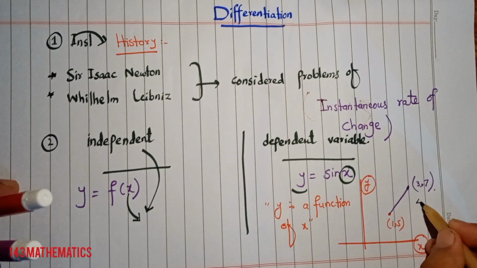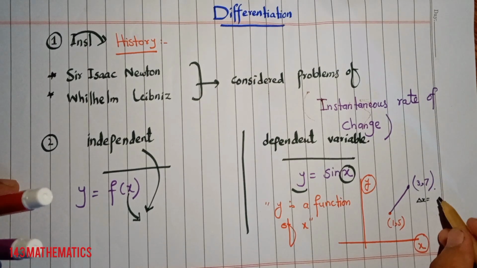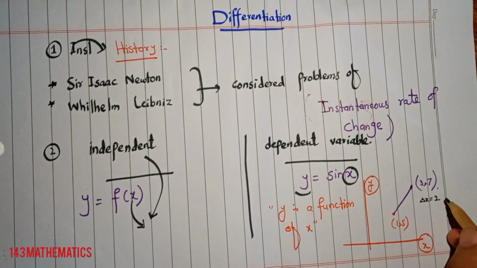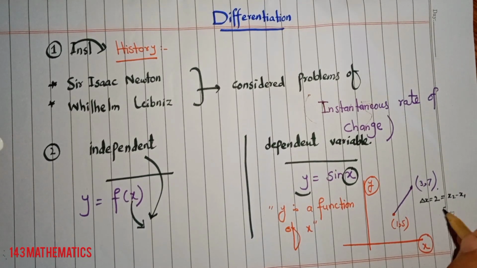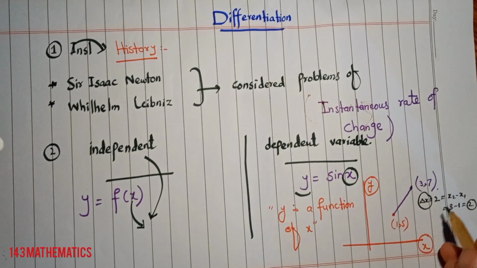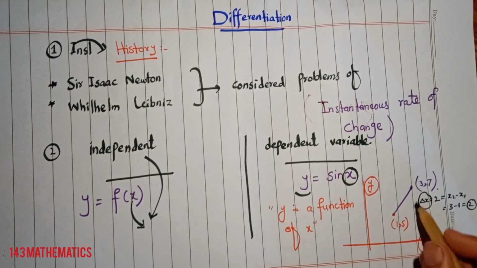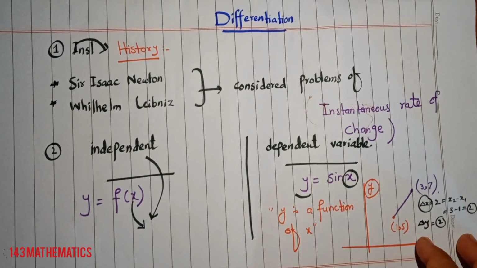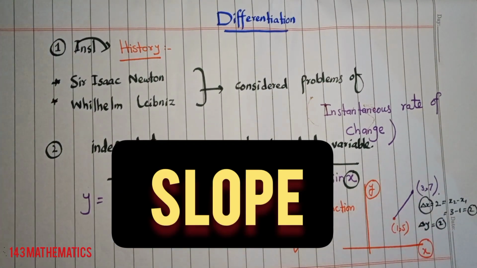We write delta x is equal to 2. What is the value of delta x? Delta is a difference, so x2 minus x1, which is 3 minus 1, equal to 2. So this is the increment, or difference. The increment in y is also 2, because delta y is equal to 7 minus 5, which is 2. So this is called the increment in x and the increment in y.